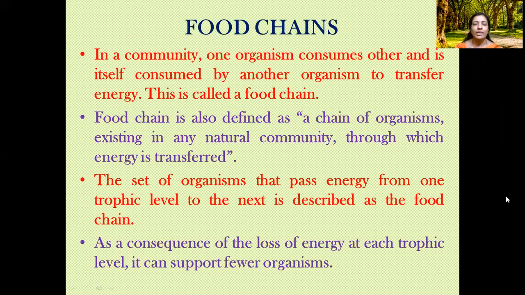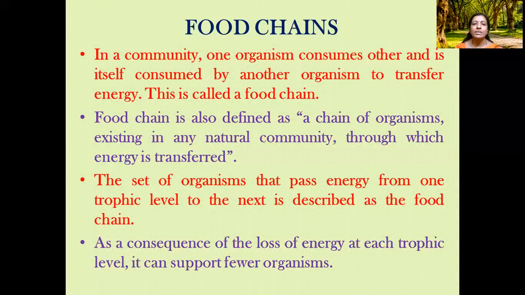Now, let us try to understand what are food chains. In any ecosystem, one organism consumes the other organism for food. This is known as a food chain. Food chain can be scientifically defined as a chain of organisms existing in any natural community through which energy is transferred.